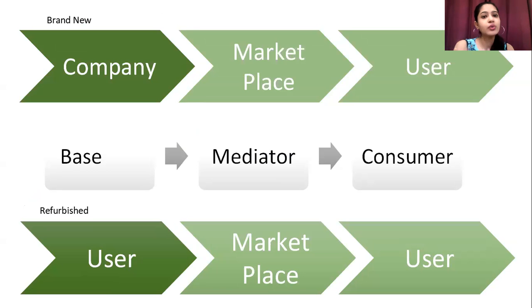It is brought to market agencies which buy or collect pre-owned gadgets. After that, the gadget is tested. Everything has to be tested, and then it is resold to users, and a different, new user gets it. So this is what happens in the refurbished pathway.